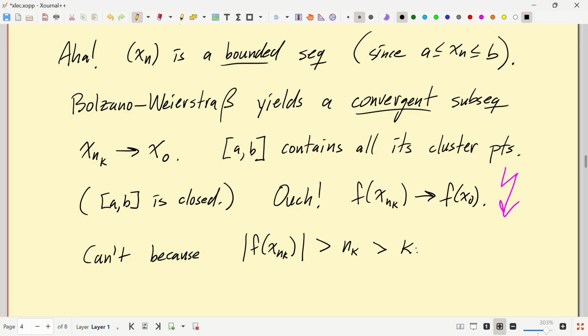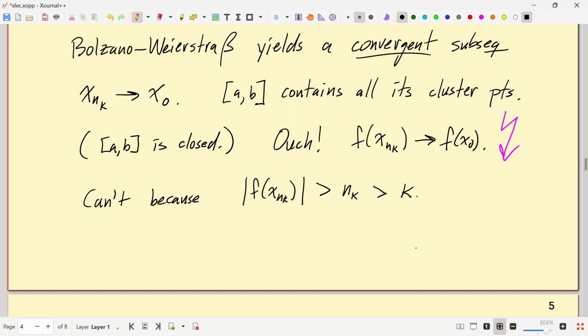Questions about that? So that's an easier thing to see that it's bounded. Here's a little thing you can do to make it uglier.